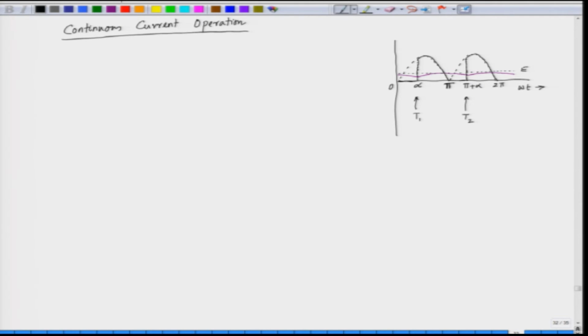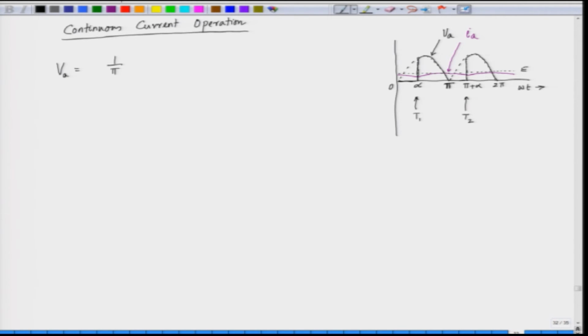If you take the steady state nature, the voltage waveform is periodic. So, this is the armature voltage and this is the armature current. In this case the average output voltage V A can be evaluated in a straightforward fashion, because we do not have any back EMF here, we do not have any 0 current interval.